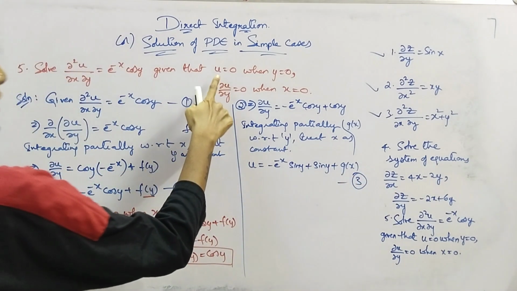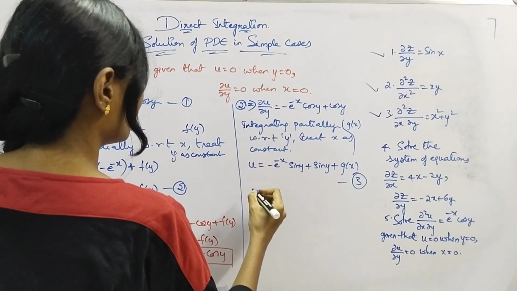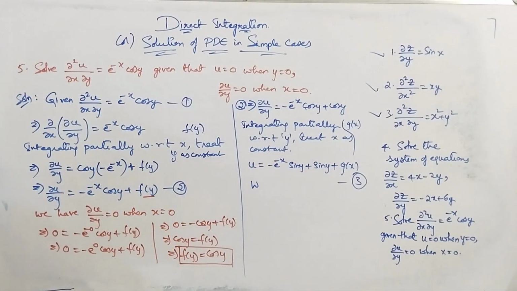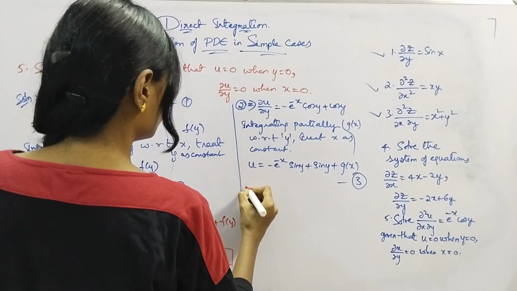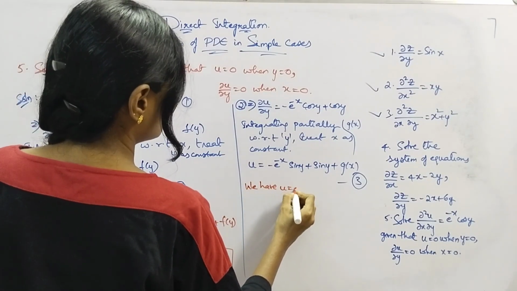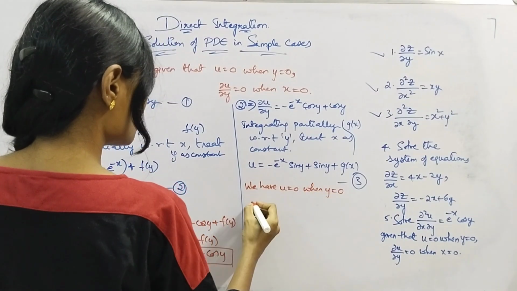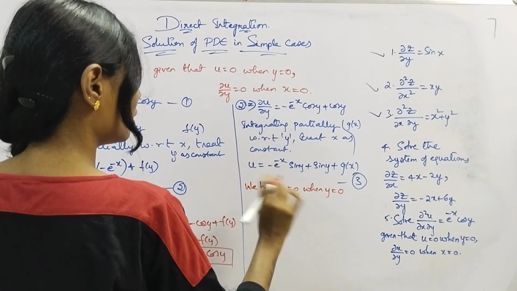Also, you have a condition that u equal to 0 when y equal to 0. Substitute your values of u and y, that's it.